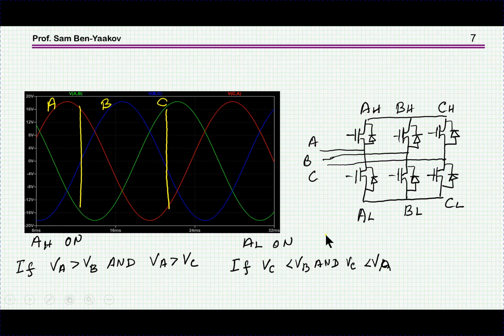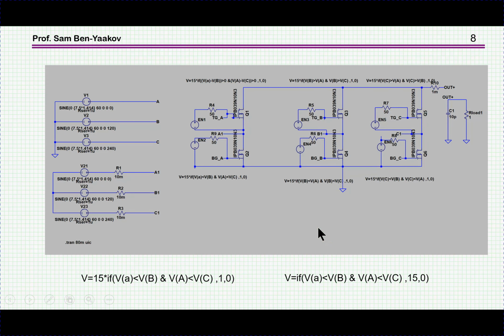Here is a schematic in LTspice that will do the job. Let me go over it in general, and then we'll go into some more details. I've put here 3 voltage sources for the 3 phases, shifted 120 degrees.